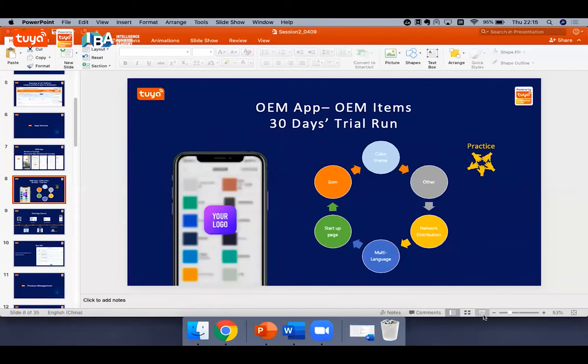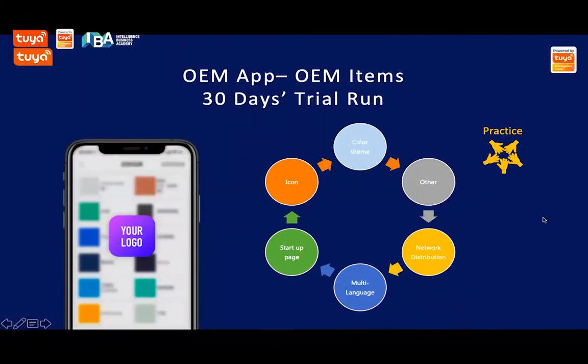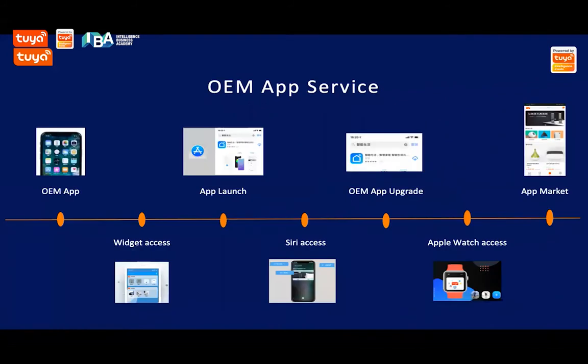So for the OEM app, that's all we can do on the IoT platform. But if you are not satisfied with the OEM app, we provide other services. Oh, sorry. Before we go to the App SDK, I'd like to introduce more of what we can do for the OEM app. The trial runtime for the OEM app is 30 days.